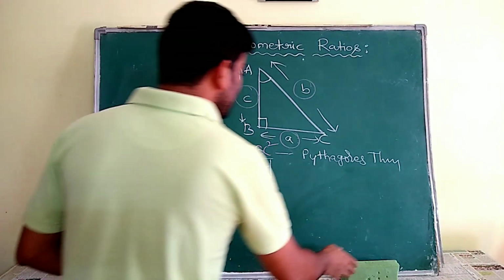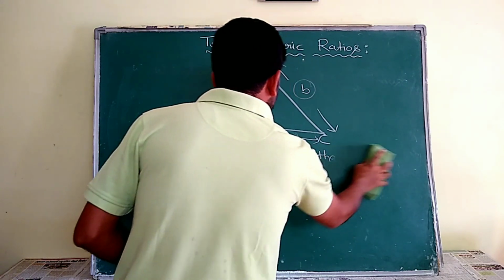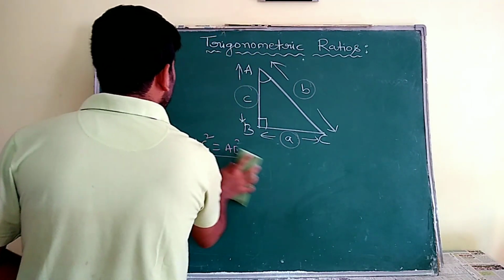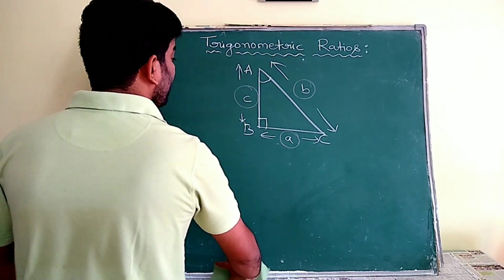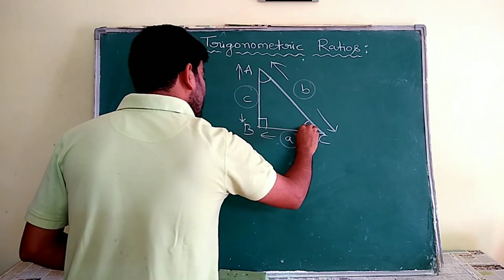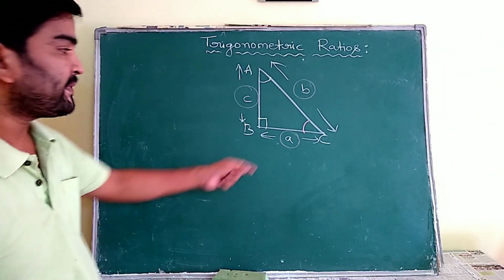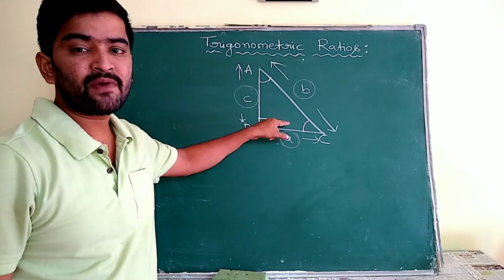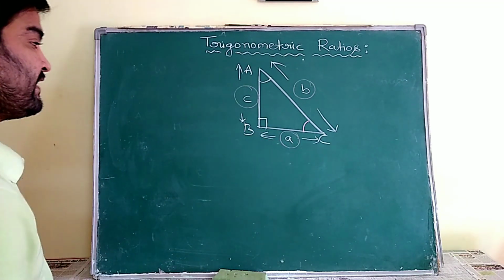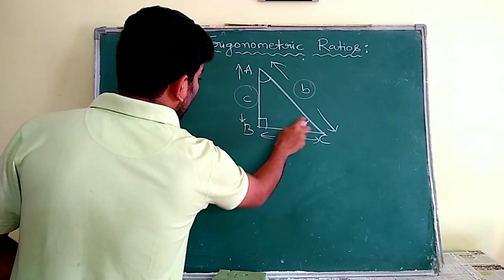Now, as we discussed, trigonometry is the relation between sides and the corresponding angles. Here we are going to consider the angle C first. With respect to angle C, we may form some relations between the sides and this angle.